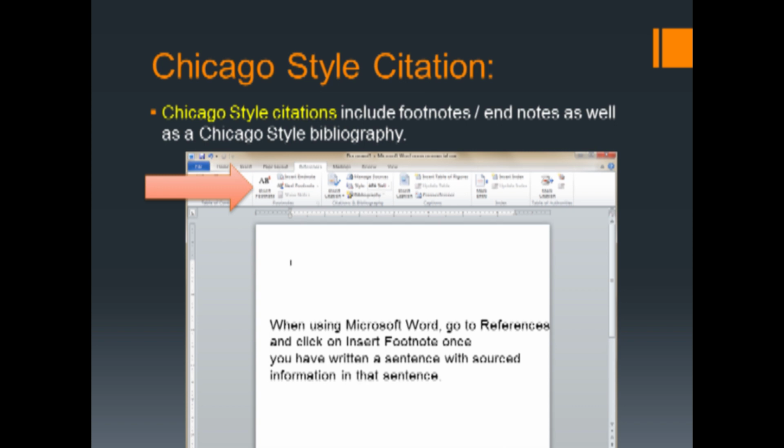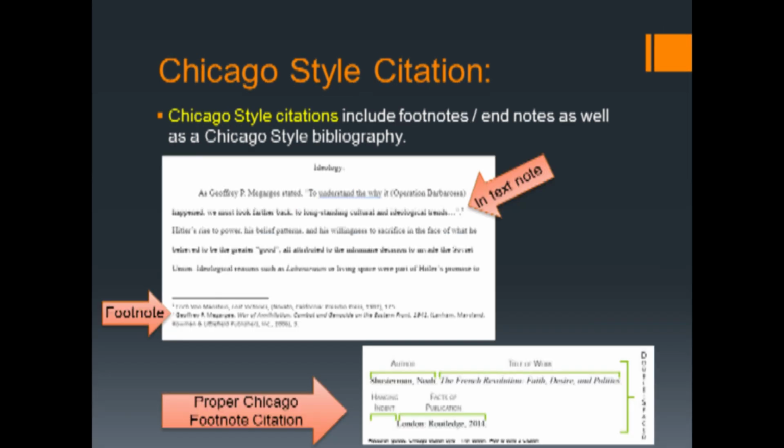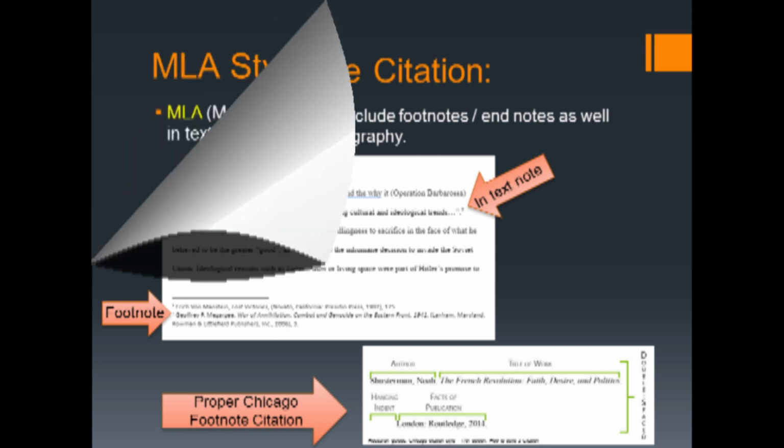Once you have typed a sentence containing information from your research, you will need to insert a footnote after the sentence's endmark. Here is an example of how the footnote will appear on your word processor and how the Chicago-style footnote needs to be arranged at the bottom of the paper. Keep in mind that the little numbers that follow a sentence need to correspond with the same number at the bottom of the sheet and represent the primary or secondary source in which you found that research.